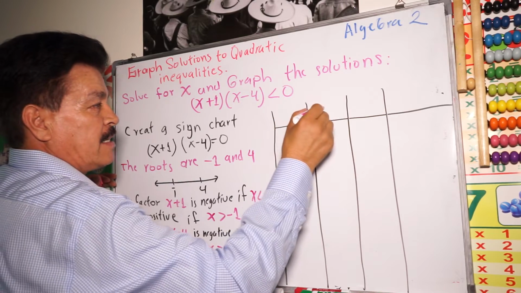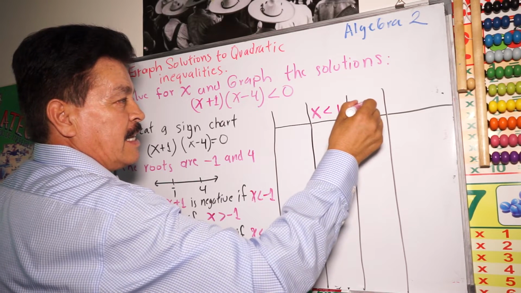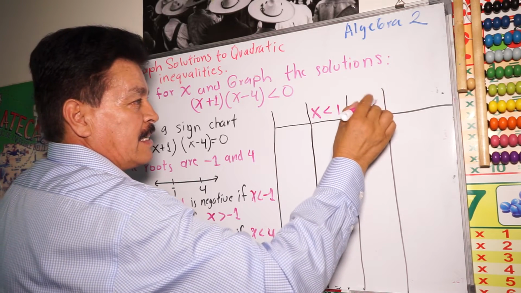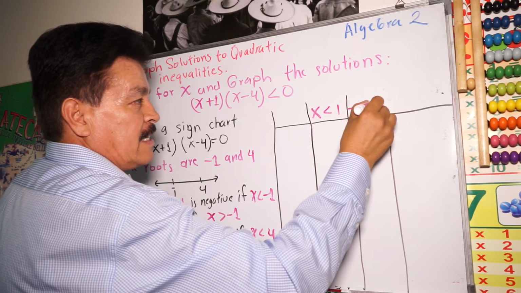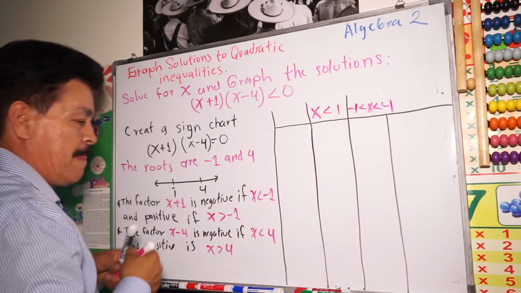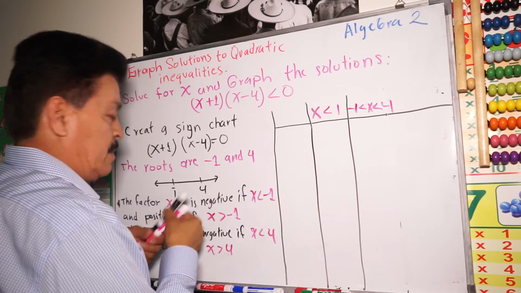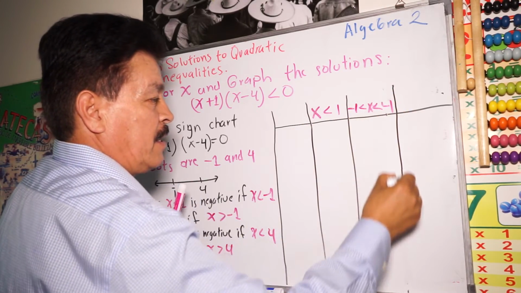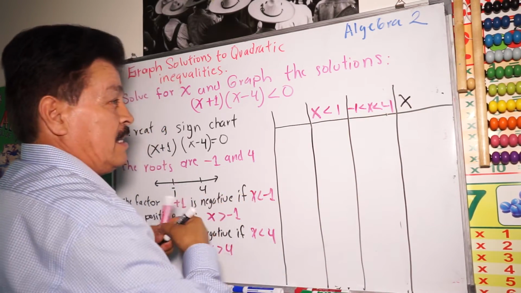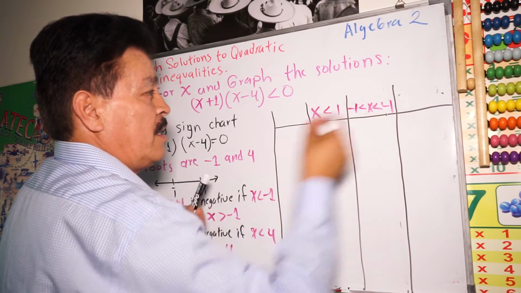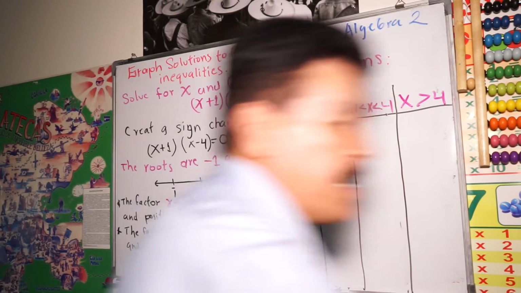When x is less than negative 1, then when negative 1 is less than x and x is less than 4, okay? Let's make the line right here, and the last row is x greater than 4. Okay, you have the information there.